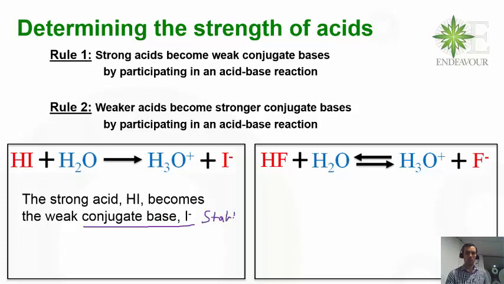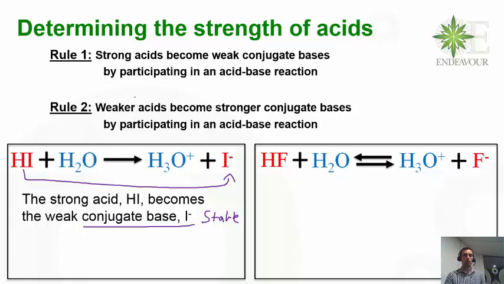Okay? So by being converted from HI to I-, it's gone from the very reactive HI to the weaker, more stable I-. So you can see that the progress of the acid-base reaction for the strong acid has actually stabilized it by converting it into that weak conjugate base.